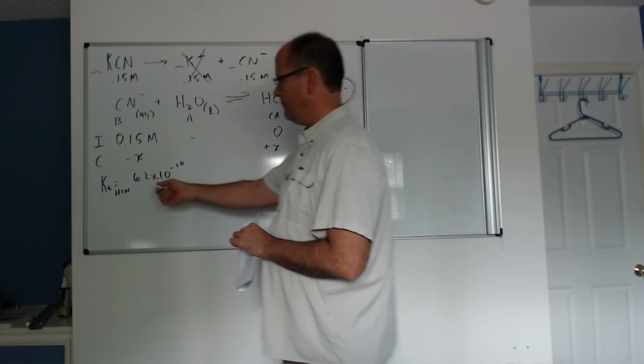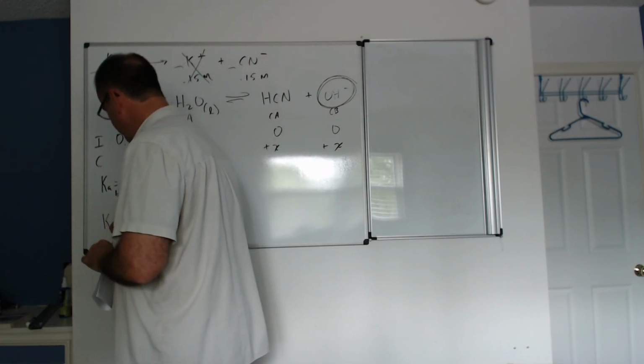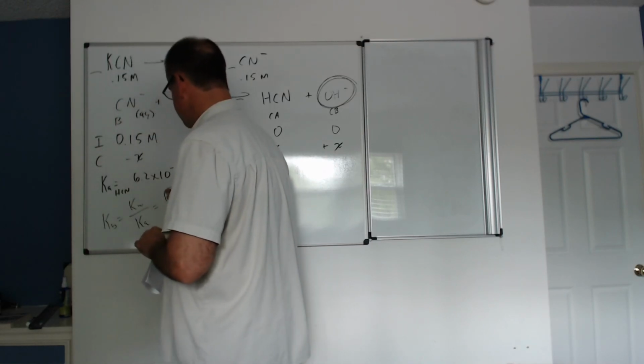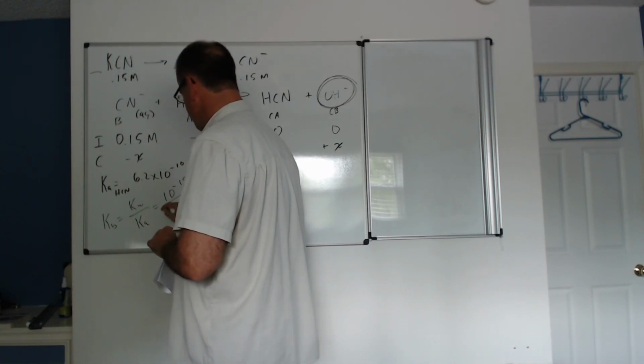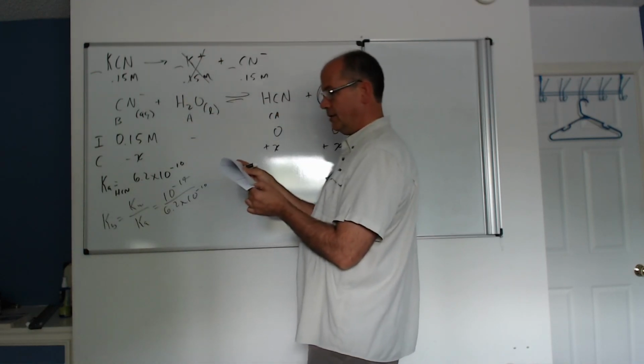Well, that's easy enough. If I have the Ka, I have the Kb. So Kb is equal to Kw over Ka. That's 10 to the negative 14 over 6.2 times 10 to the negative 10. You just plug it in your calculator.